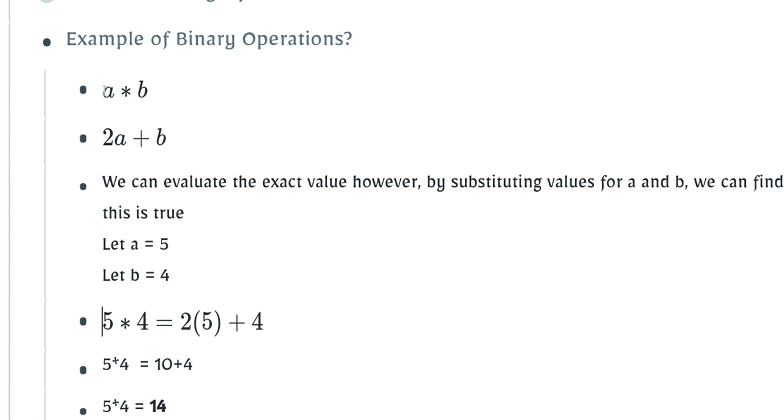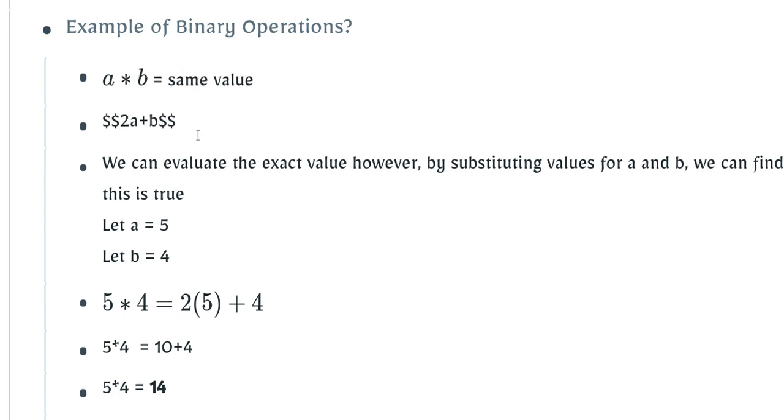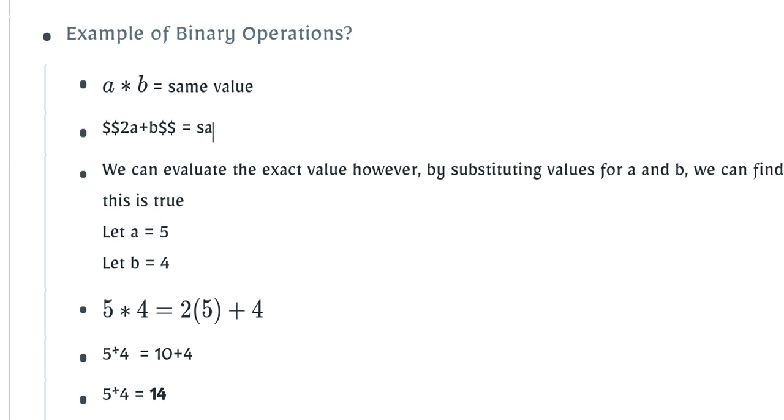So we couldn't say, oh, put 5 asterisk 4. That wouldn't give us a value, correct? Because we don't know what exactly is happening there. But if we put the values in another equation and say that it is equal to A asterisk B, we can therefore find the value of what A asterisk B could have been. So we could say same value, and this is equal to same value, right?